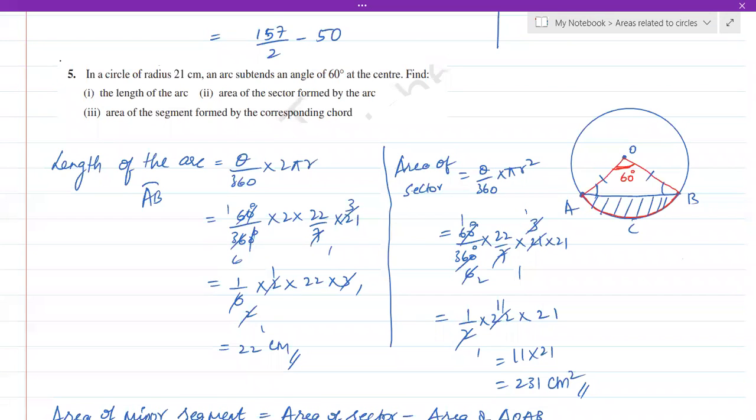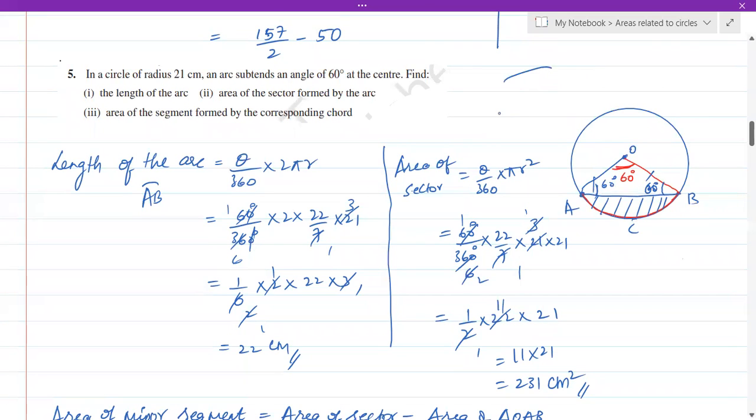Okay. So let's say this is X and let's say this is X. So if you add all the angles, 60 degree plus X plus X will become equal to 180 degree. Sum of three angles is 180 degree in a triangle. So 60 degree, if you send it the other side, X plus X is 2X, 180 minus 60 is 120. And if you find the value of X, it is 60 degree, which means here X is 60 degree, here also it is 60 degree, which means we have got a triangle in which all the angles are 60 degree.